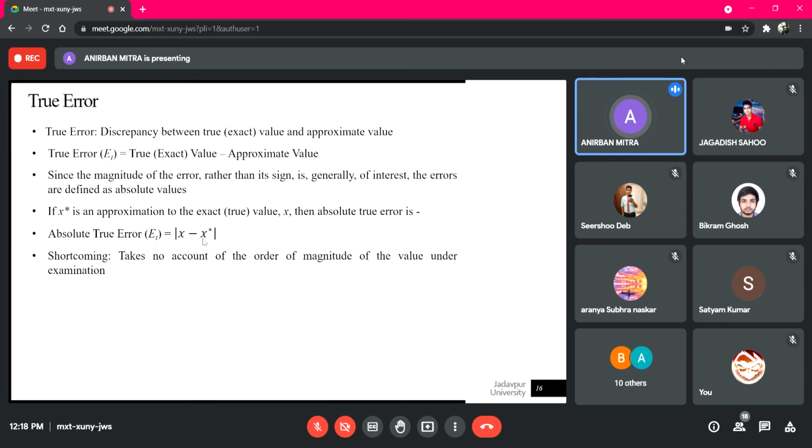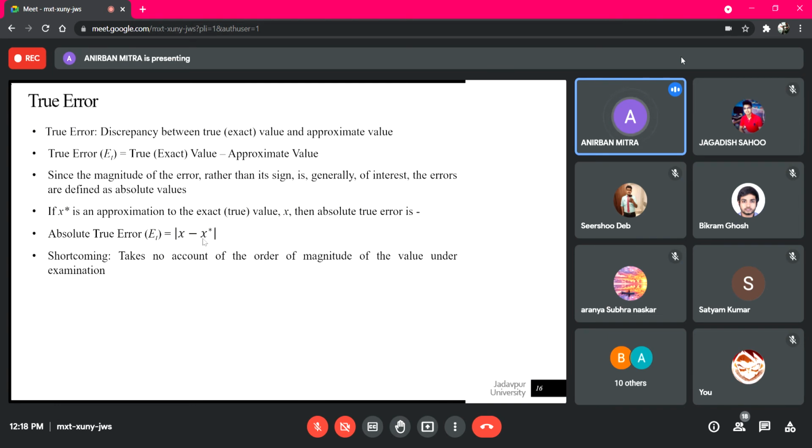Now, what is the disadvantage of considering this absolute true error? It takes no account of the order of magnitude of the value under examination. If you consider true error or absolute true error, then order of magnitude is not taken into account.